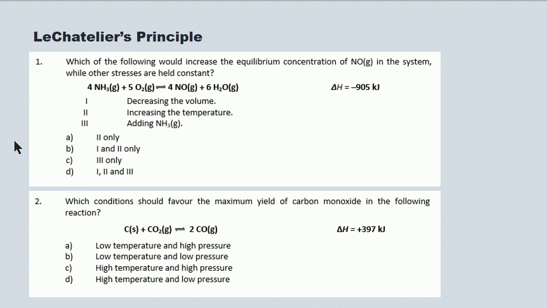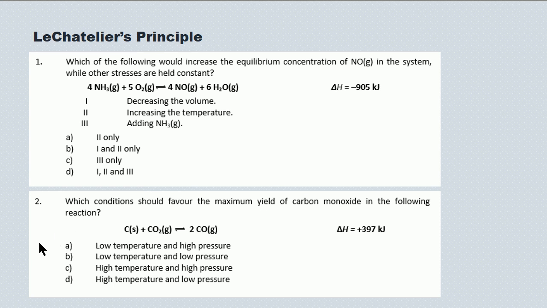Which condition should favor the maximum yield of carbon monoxide? Well, we're looking at a system that is endothermic, so energy is a reactant. If we heat this system, we're going to add a reactant, and we're going to drive it to the product side, increasing the yield of carbon monoxide, which is what the question wants us to solve for. So this is a high temperature system.